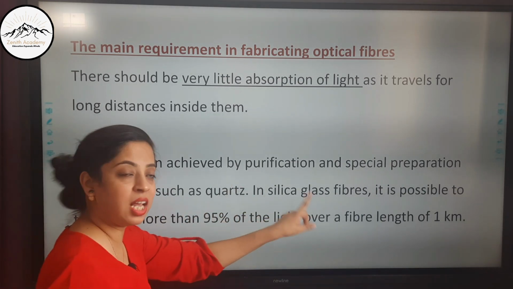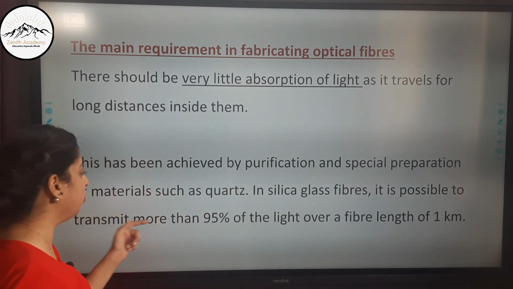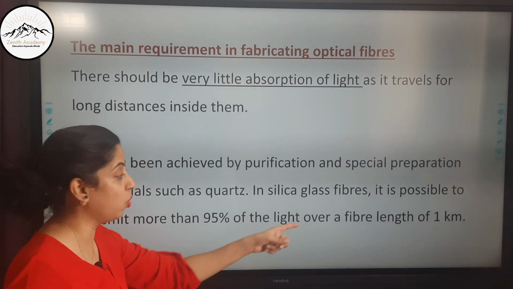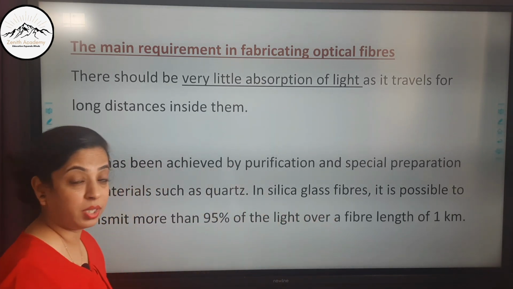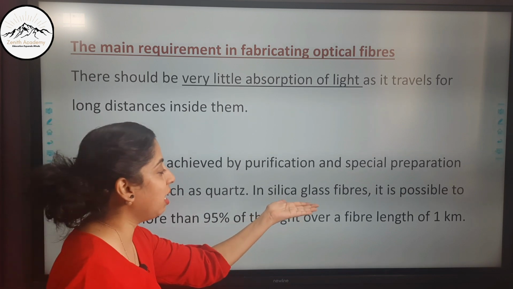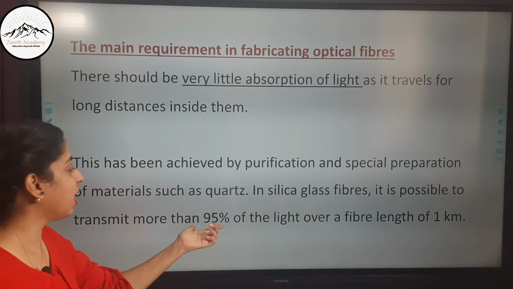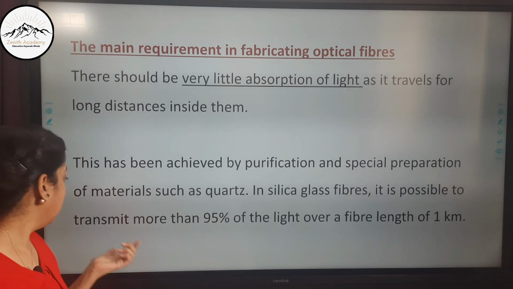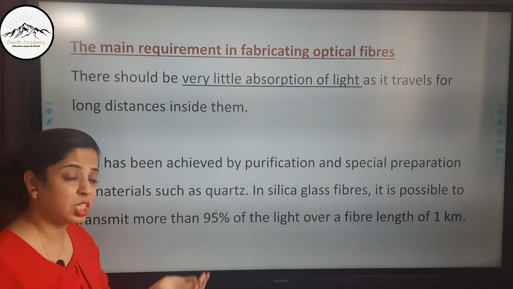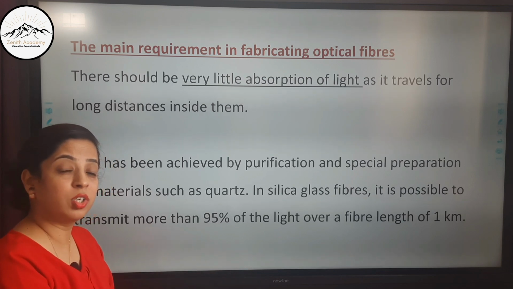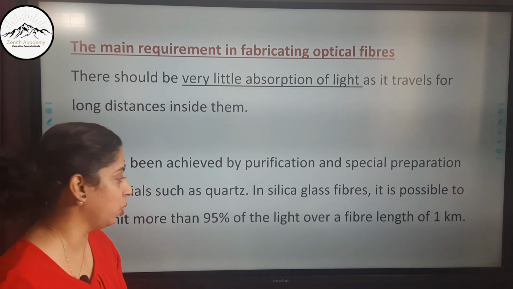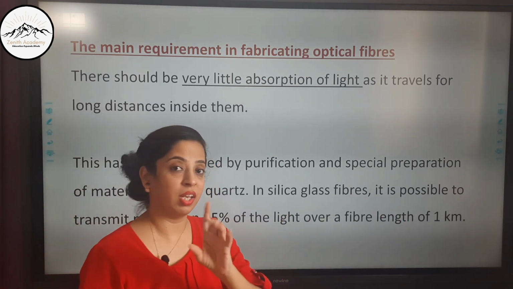Now in silica glass fibers, it is possible to transmit more than 95% of light over a fiber length of 1 kilometer. So silica glass fibers are able to transmit light with 95% efficiency. That is, they are able to transmit more than 95% of light and absorb less than 5% only over a fiber length of 1 kilometer.